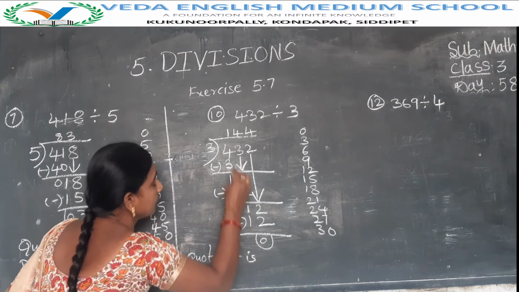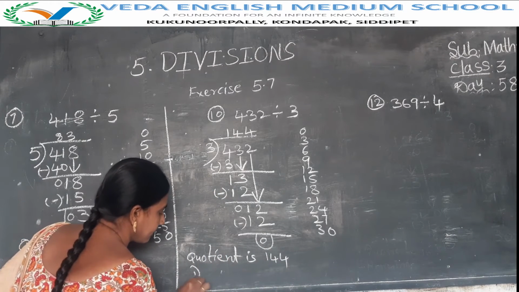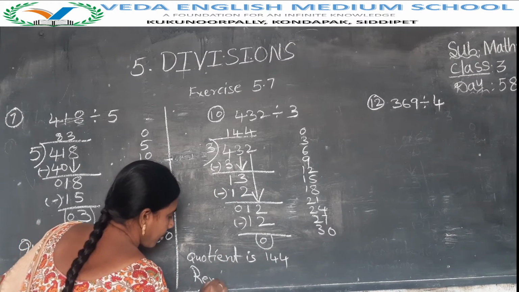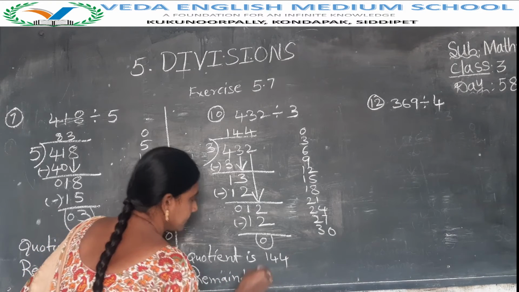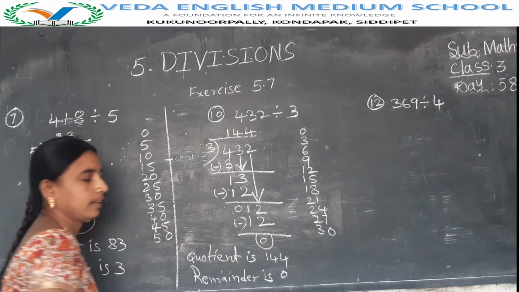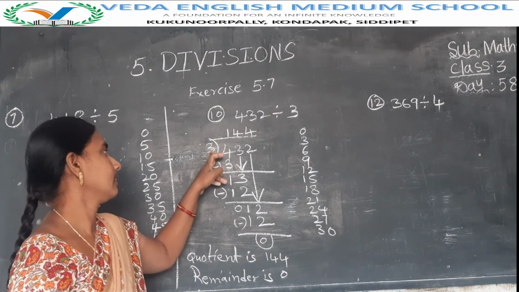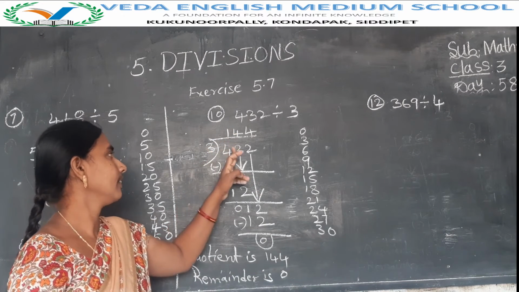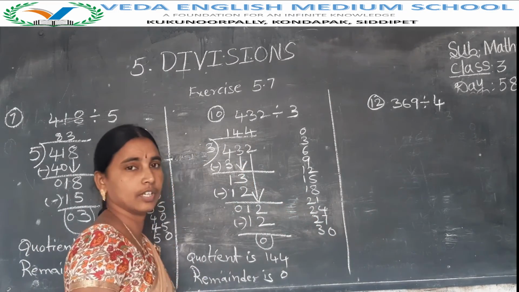Quotient is 144. Remainder is 0. Okay, remainder is 0 here. The divisor is 3, the dividend is 432. Next the 11th problem, that is your homework.